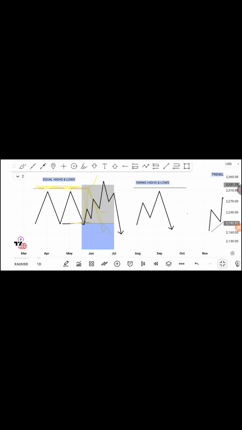All these stop losses and pending orders above these equal highs create a pool of liquidity in the market.